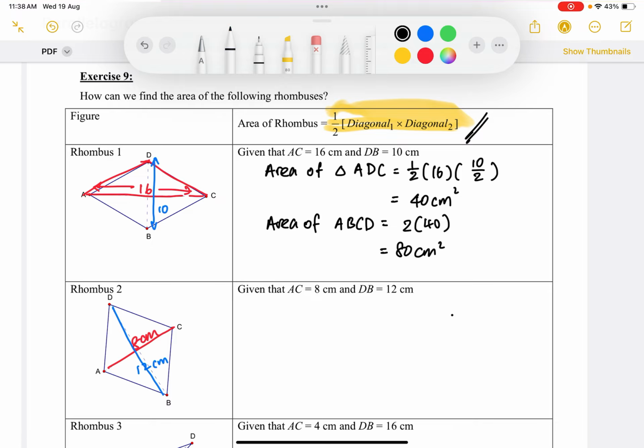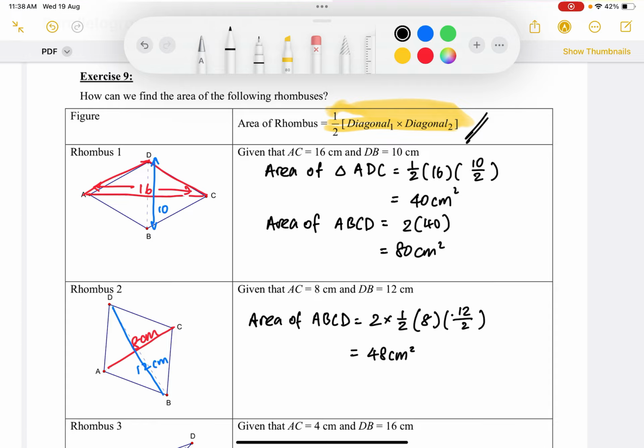Let's put it all in one step. So area of ABCD is going to be 2 times half times the base times the height of one triangle. So our base, let's use 8, and the height we have 12 over 2. So that gives us 8 times 6 to be 48.